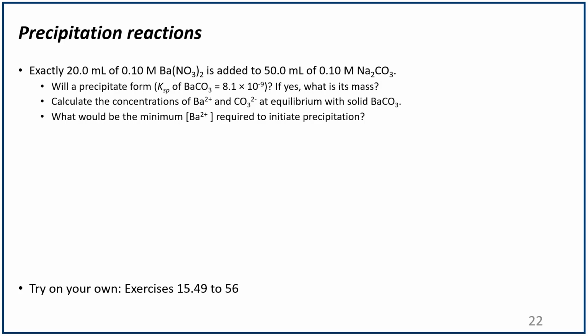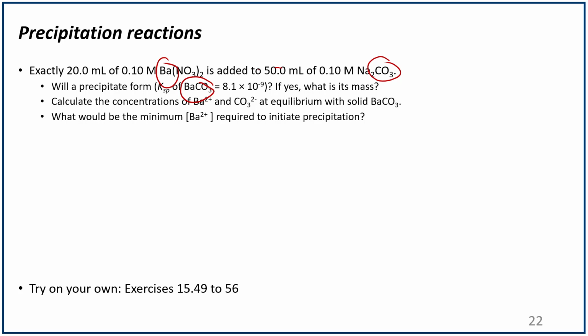Okay, so the species in consideration should be barium carbonate, which is formed from barium ions and carbonate ions, as per the net ionic equation. Now keep in mind that when you mix the barium nitrate and sodium carbonate, they have different volumes. So when you add these two together, there will be a new volume and a new molarity.